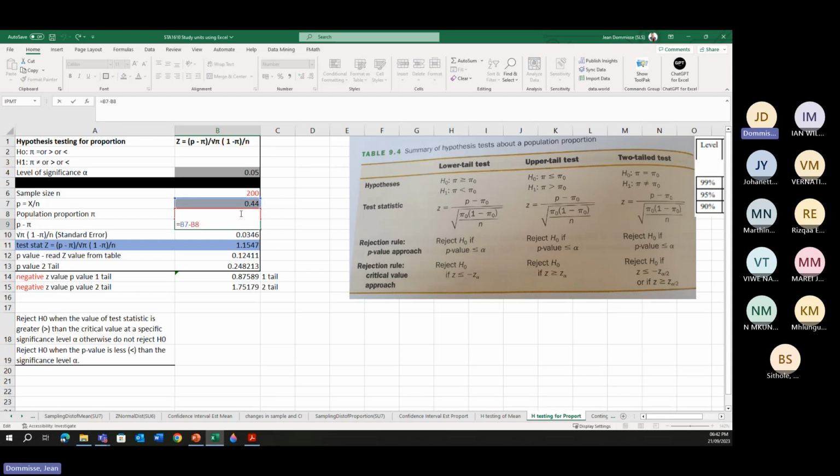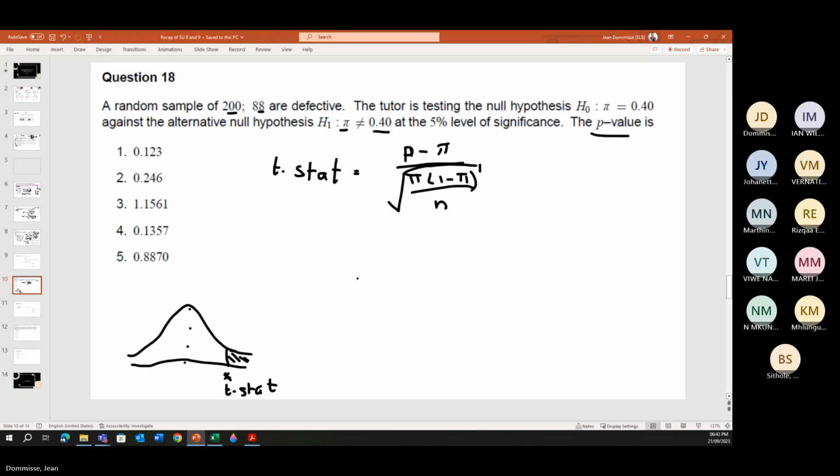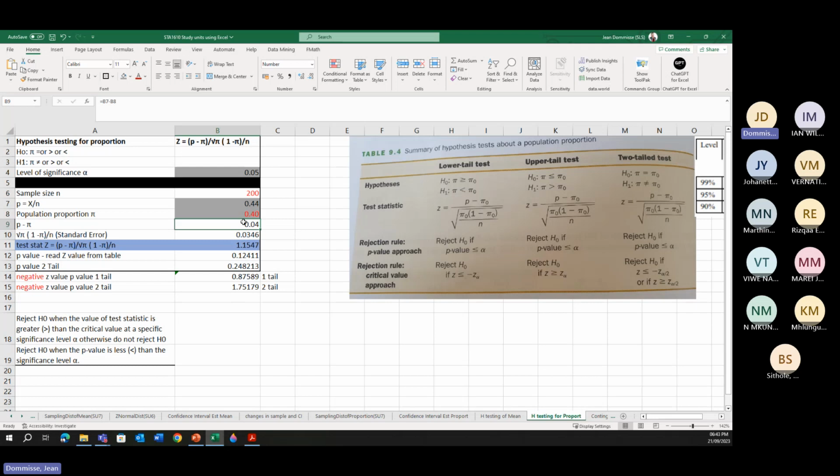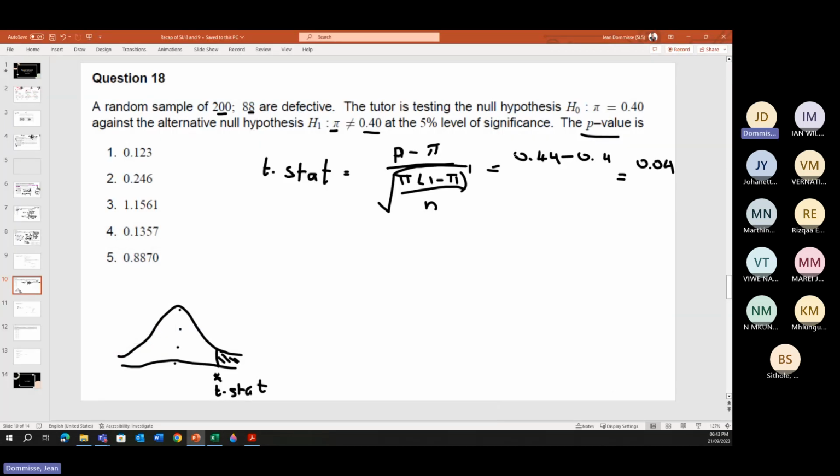Okay, so when we start working with the top of that equation, that would have been 0.44 minus 0.4. Let's just make sure that we cover both components. Okay, so that's sorted. The standard error, below the line, is 0.0346.